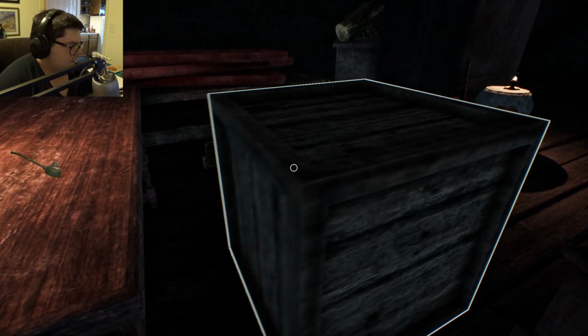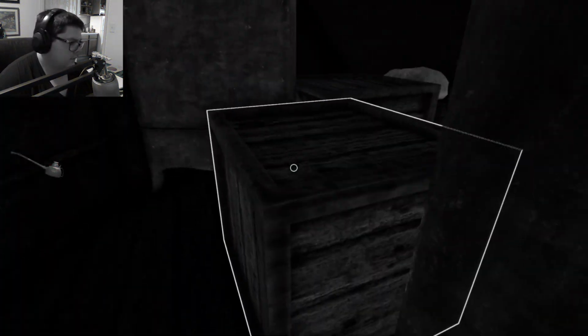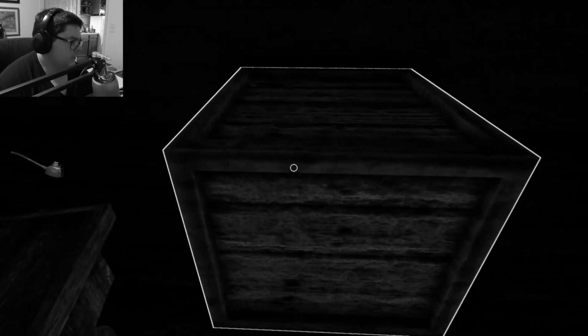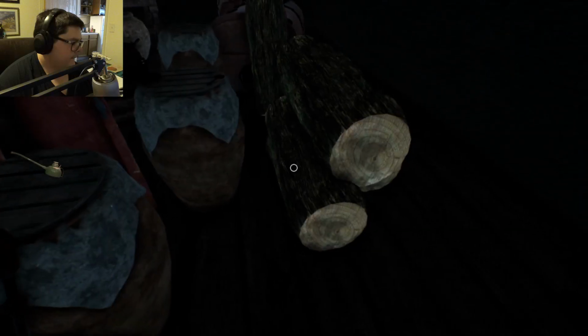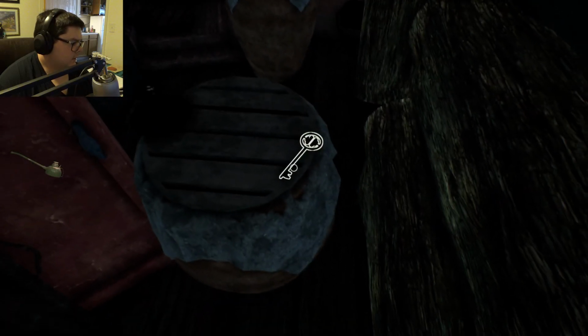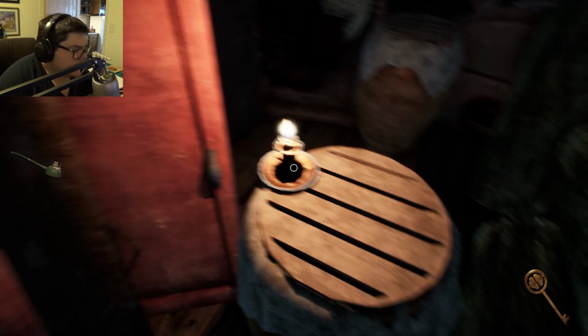Shit, wrong spot. I could use the chair. A key. Why do I need a key? Why the hell do I need a key?